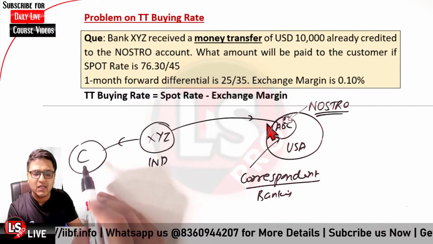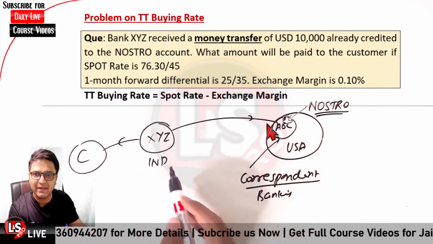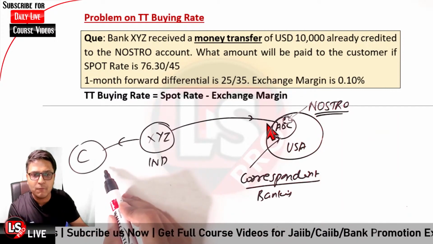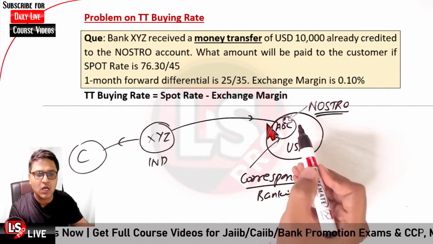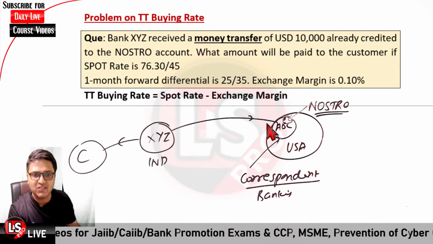Let us assume that customer C must have taken the details regarding the nostro account from the bank XYZ, and the money transfer has been credited on the part of customer C in the nostro account of bank XYZ maintained with bank ABC. So that is the scenario over here.